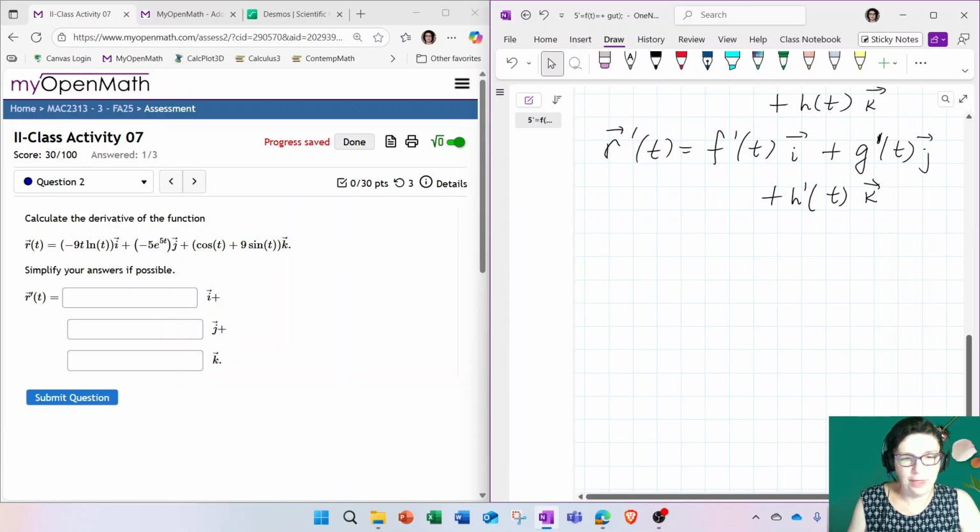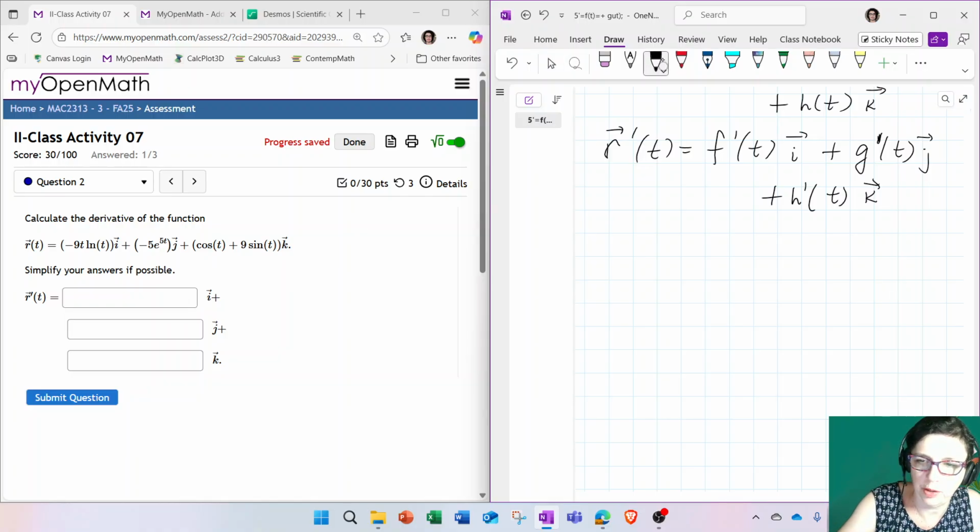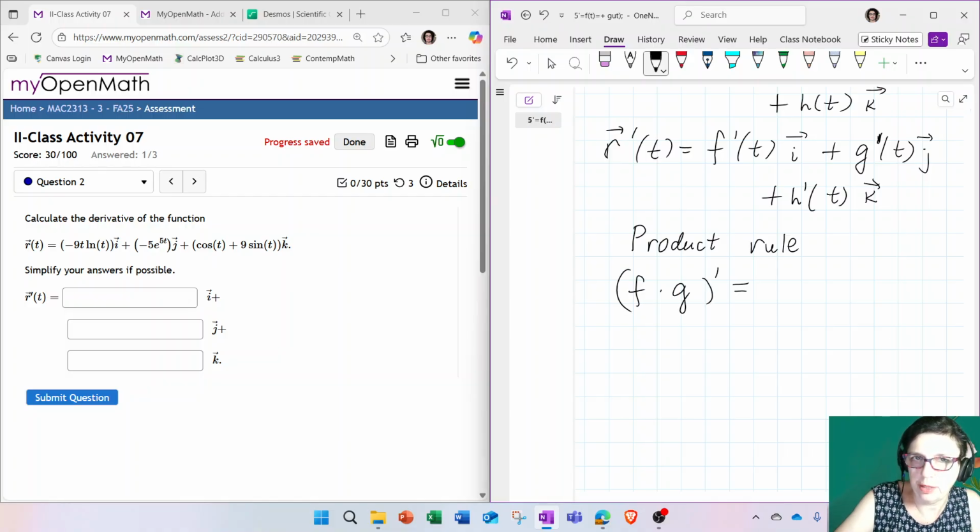Now the other two components are actually pretty easy, but the first one is where we're going to have to review something called the product rule. So let's go and do that. What is the product rule? Hopefully you remember this from your calculus days, but if you do not, let me just remind you. Whenever you have a product of two functions, when you take the derivative, you are not, big NOT, going to take the derivative of the first function multiplied by the derivative of the second.